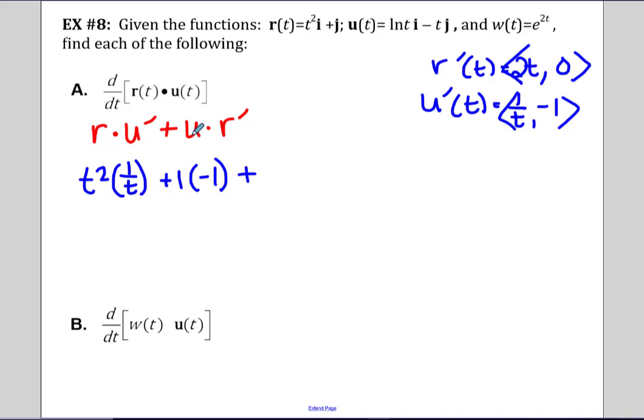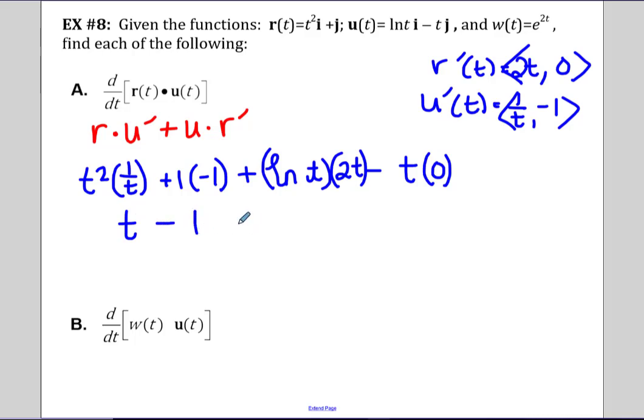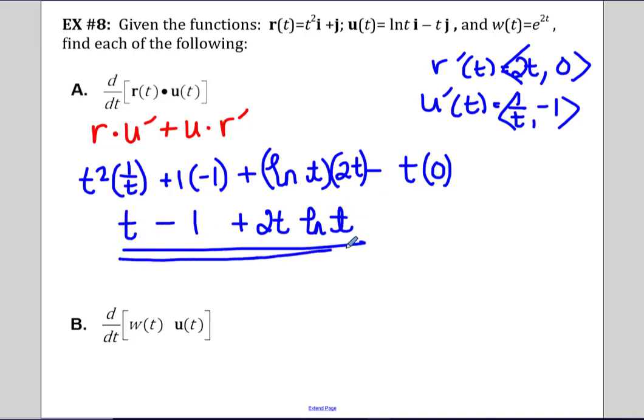So U is natural log of T minus T, and we're dotting that with R prime, which is 2T and 0. So we have 2T here and then 0 here. So combining all our like terms, we've got a T minus 1 plus 2T natural log of T and then minus 0. So there's our product rule for the dot product.